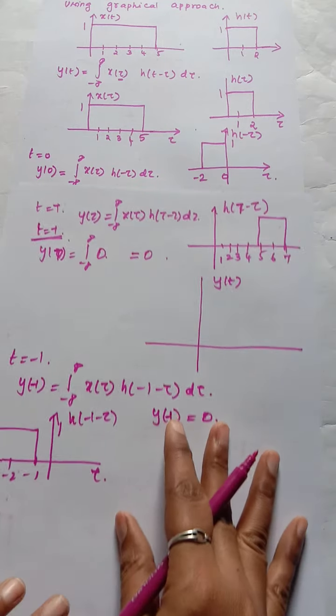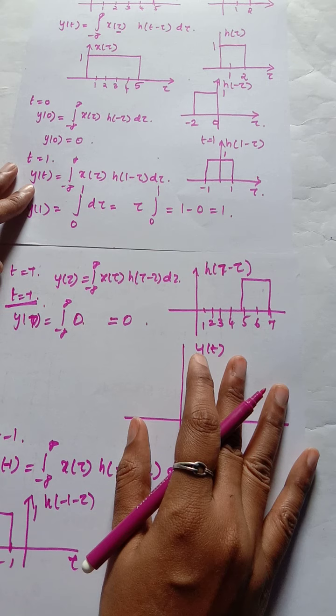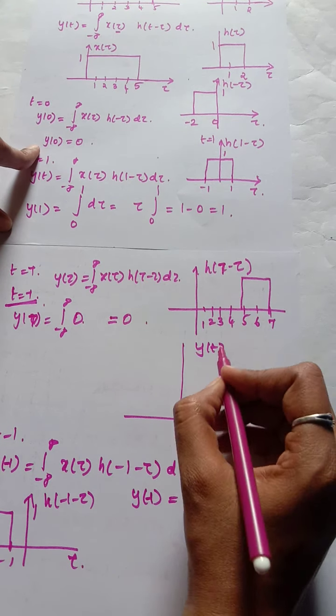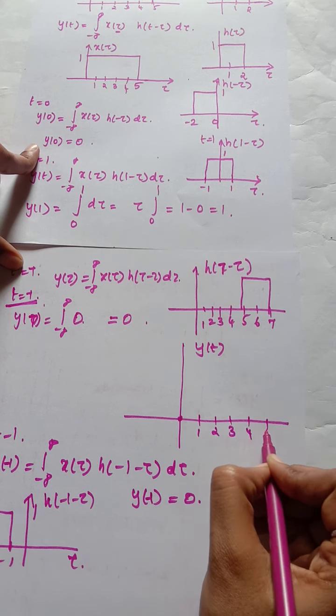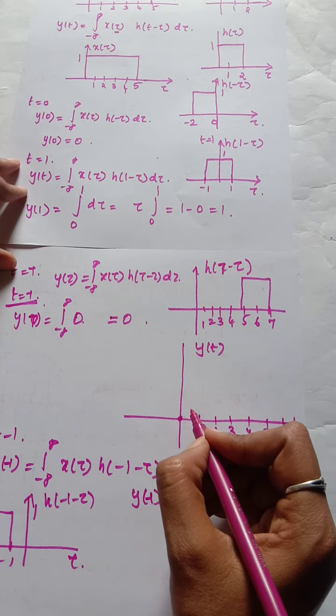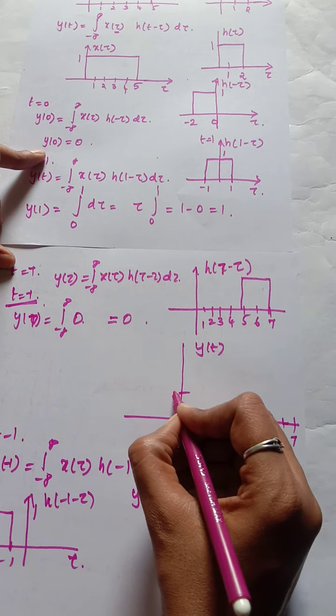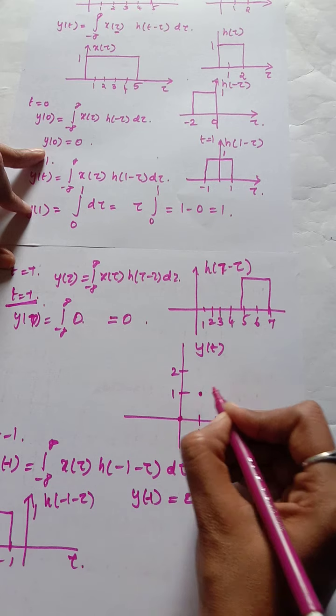Okay, so now you draw y of t. So what you got for y of t is y of 0. Y of 0 is 0, and we are having 1 2 3 4 5 6 7 like that. Y of 0 is 0, here 1, here 2. So y of 1 is what? 1, right?